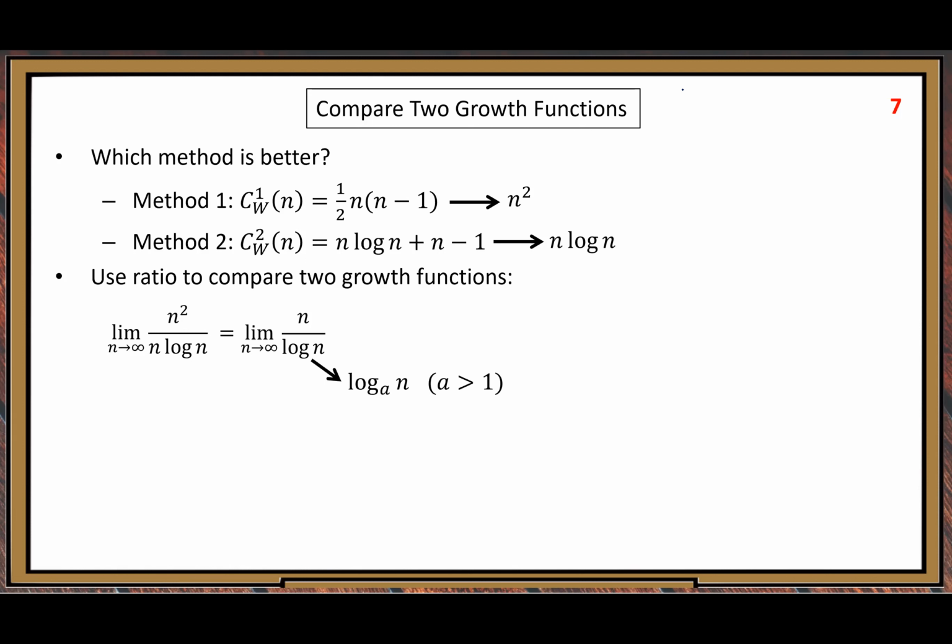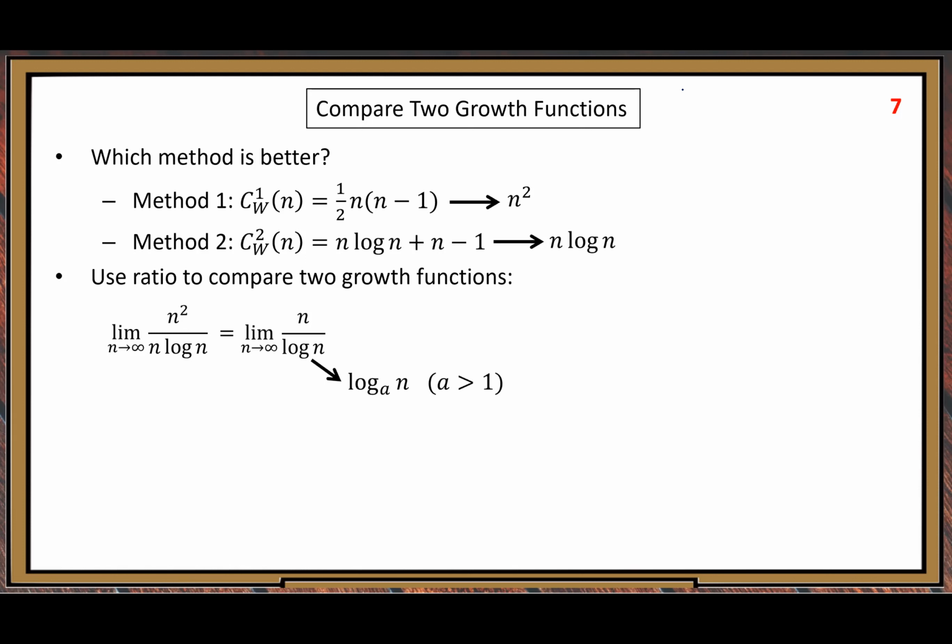If a is less than 1, the log function is a negative value. Our growth function cannot be negative, because the number of basic operations is always positive. So we don't consider the negative case, and we assume a greater than 1, so this function is a positive function.